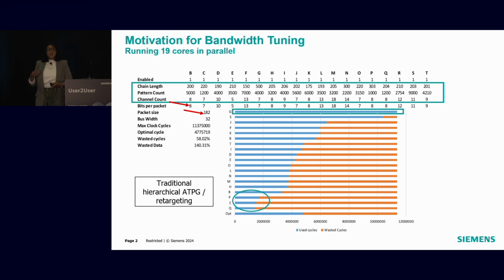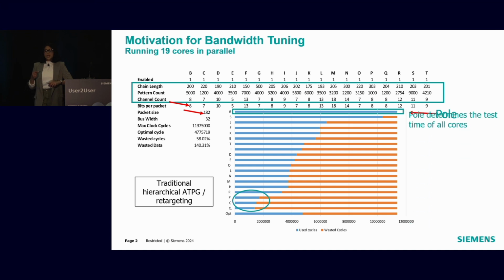So now your packet is 182 bits, and some of the cores have already finished testing. The rest of the data that they're receiving for those many cycles, they're just waiting for core G to finish testing.